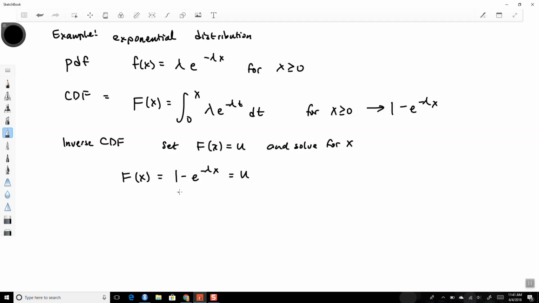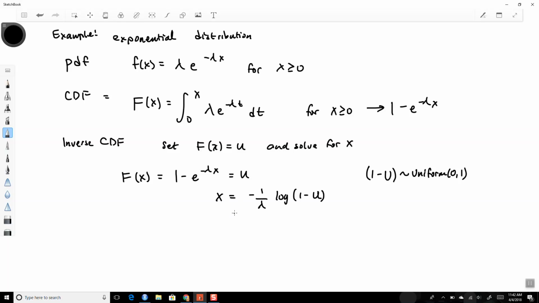And solving for x, we get x is equal to negative 1 over lambda log of 1 minus u. If u comes from the uniform, 1 minus u is not equivalent to u, but will also come from the uniform distribution.